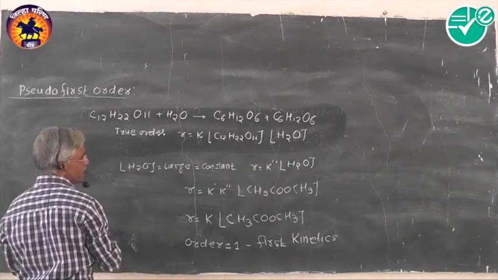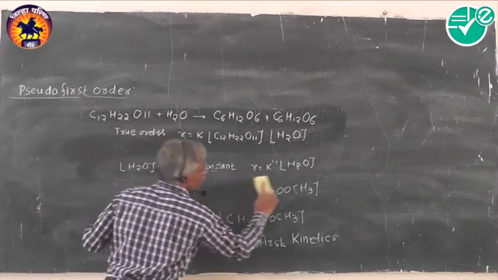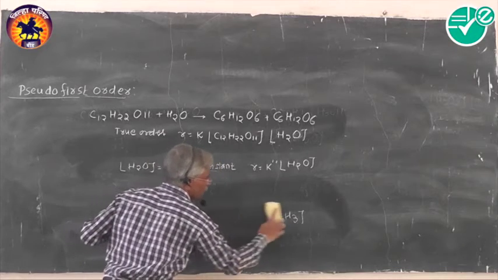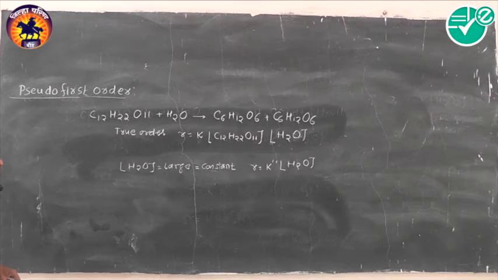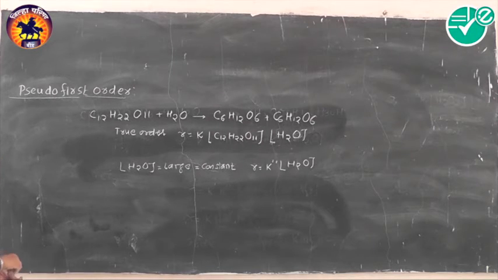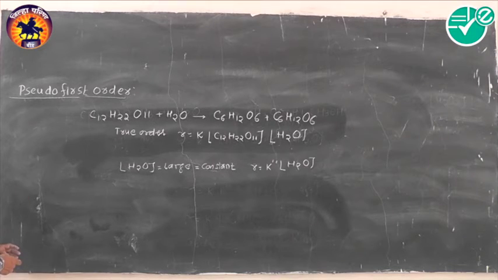But practically, again for the same reason that the concentration of water is constant, it is in large quantity. If suppose the water is 1 liter, its number of moles will be 55.5 moles, and that will be a constant.